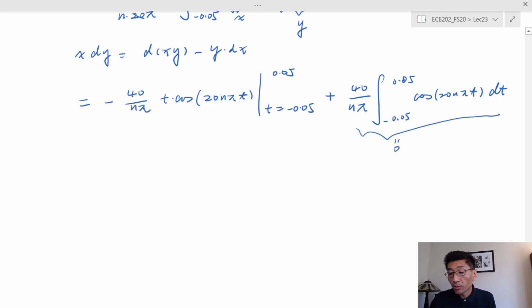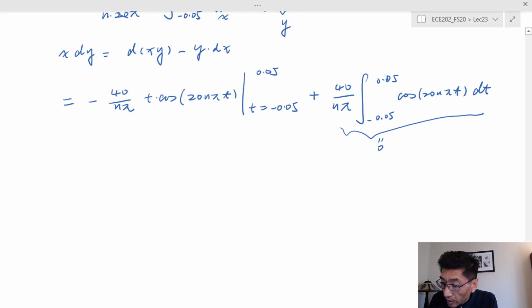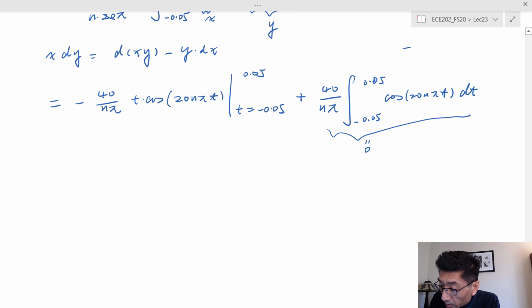And this integration I don't really need to work on, because this is equal to 0, I know for sure, because this is a sinusoidal function, and this will integrate over a fundamental period or multiple fundamental periods. So we don't really need to worry about this, because if you look at this cosine function, the period for this one is 2 pi over omega, which is 20 n pi.